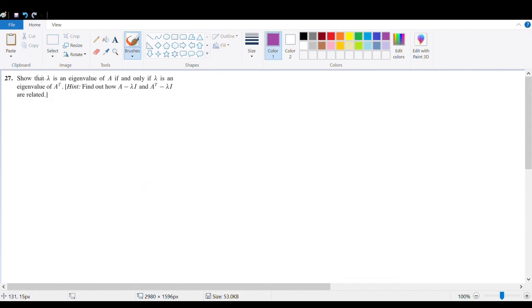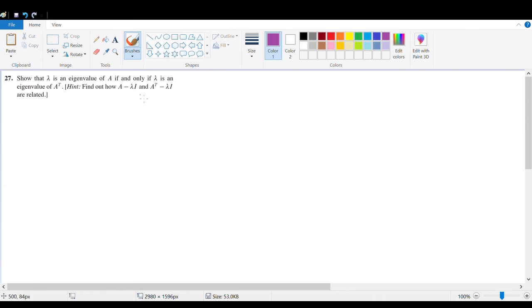27: show that lambda is an eigenvalue of A if and only if lambda is an eigenvalue of A transpose. So that means lambda is an eigenvalue for both A and A transpose. Hint: find out how A minus lambda I and A transpose minus lambda I are related.